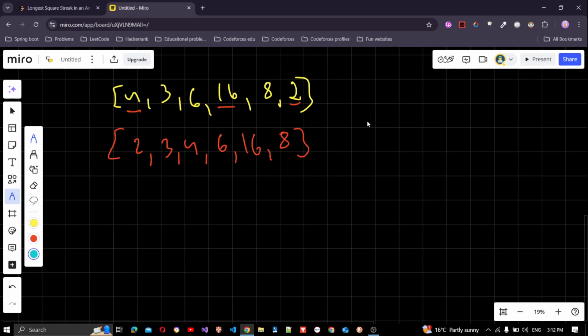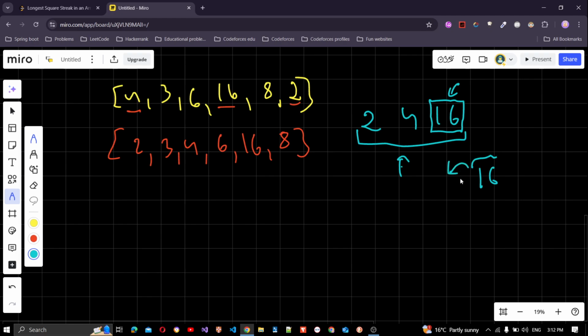One thing to notice here, if we have 2, 4, 16, let's say this is your square streak. Now let's look at 16. When you reach a number, let's say this is 16 for now, you can think of this 16 as the last element of such a sequence. If it's the last element, then the previous element is its square root, right?